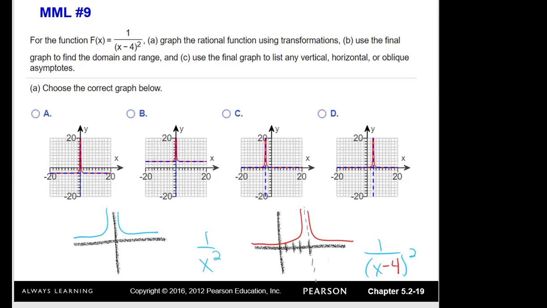Looking at my choices, the only one that is shifted to the right is D. They've labeled it 20 to negative 20, and there's 10, so every little square in that graph is a unit of 2. So 1, 2 makes 4. So it's D.